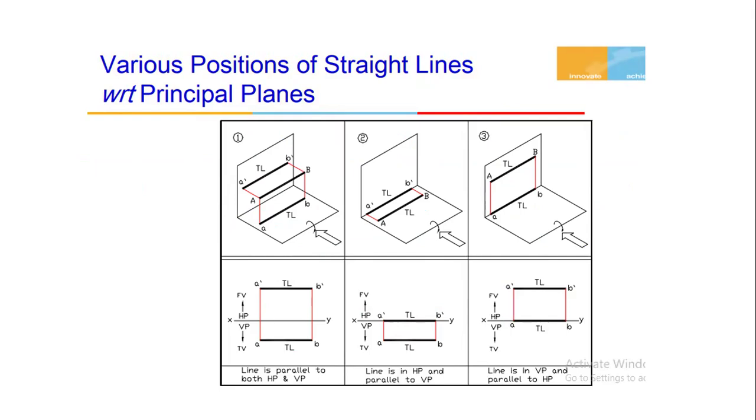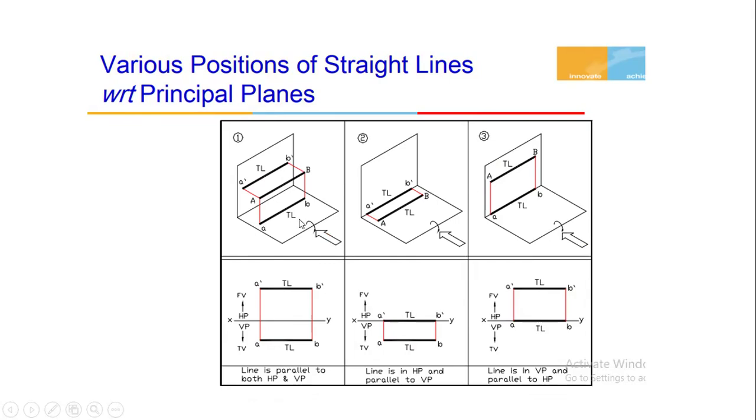See here the first condition: a line parallel to both the horizontal plane and the vertical plane. A straight line AB is parallel to the vertical plane and also the horizontal plane. Here we have to draw the top view and front view as per first angle projection.